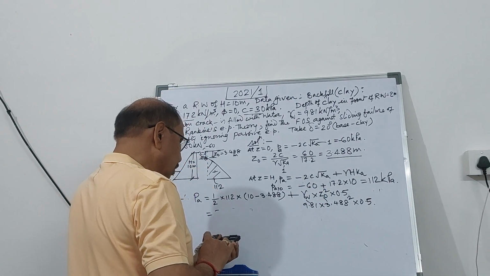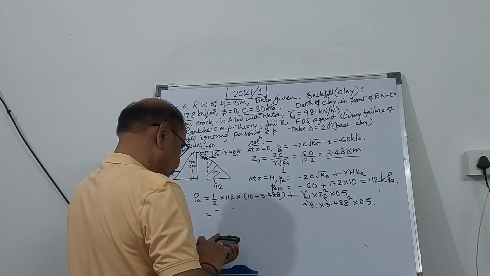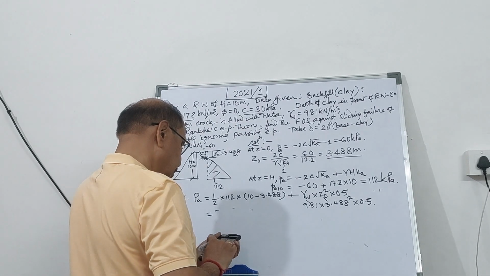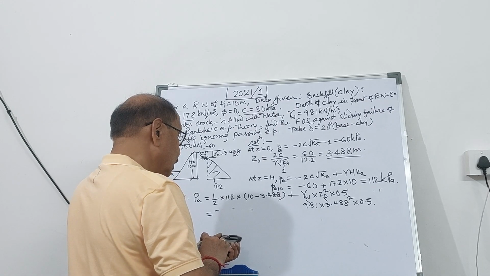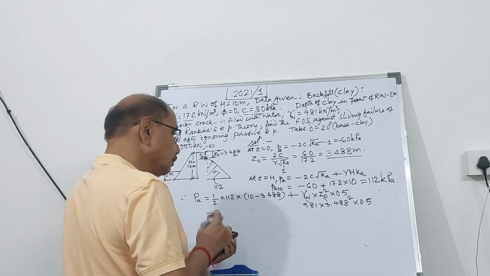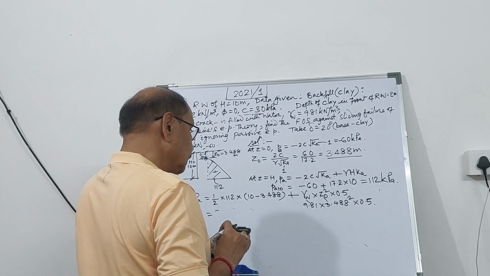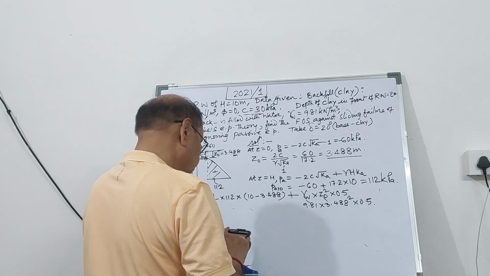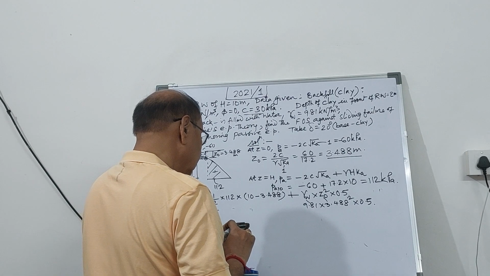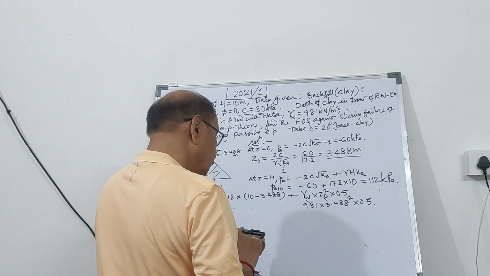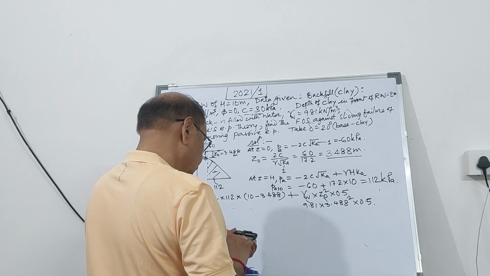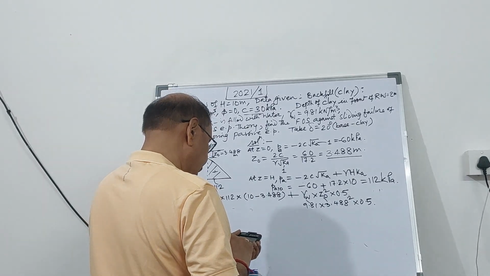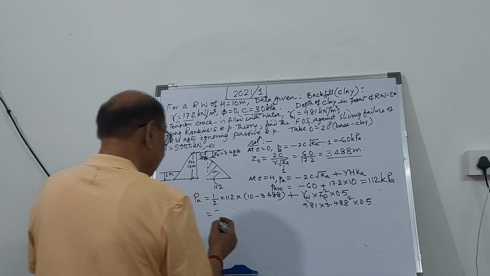So I will be taking this once again, 56 multiplied by 10 minus 3.488 plus 9.81 into 3.488 whole square into 0.5, which is 424.